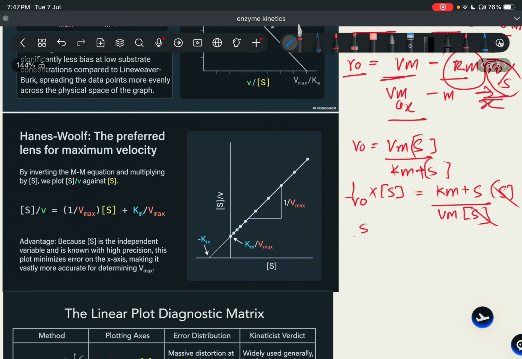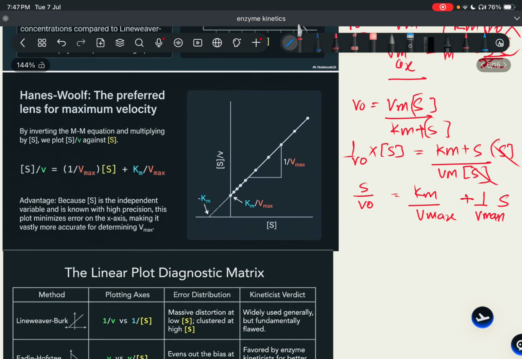So it would be S by V naught equals Km by Vmax plus 1 by Vmax S. I'm doing it in a simple way so that in case of your MCQs, if you forget, you just know that this is how we reciprocated. If you are not able to remember what the intercept is or something, I find it easier this way.